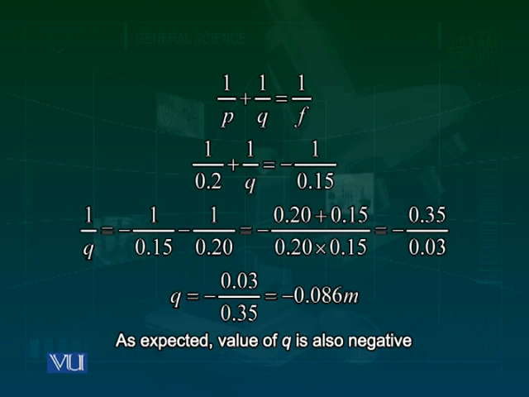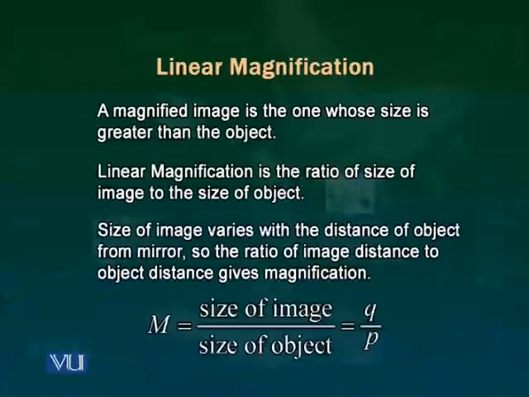And therefore it cannot be projected on a screen. Now, like we said, whenever you're using light, you either increase the size of the object or you decrease the size of the object. Therefore, we are defining something new, which is known as linear magnification. Linear magnification is nothing else but the ratio of the size of the image divided by the size of the object.